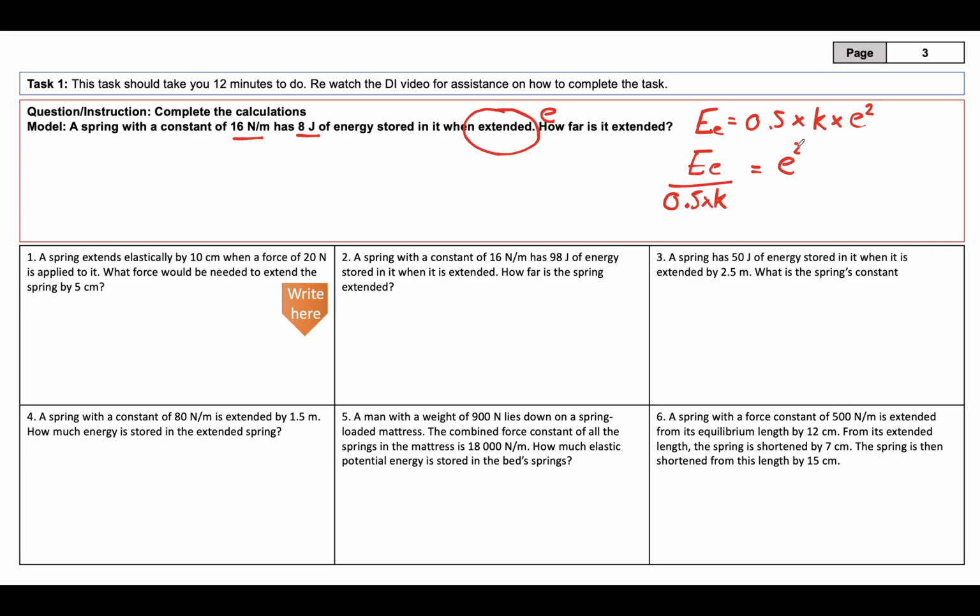So to get rid of a squared, I have to square root both sides. So I'll square root that, I'll square root that, and happily a square root cancels a square. So I'll get my rubber out. Hopefully I should be able to get rid of that, and we're good to go.